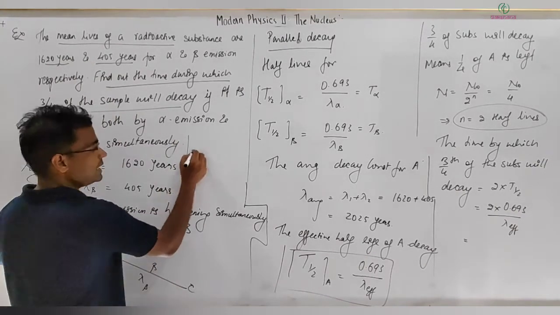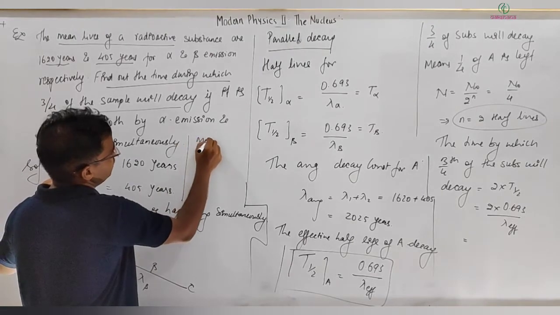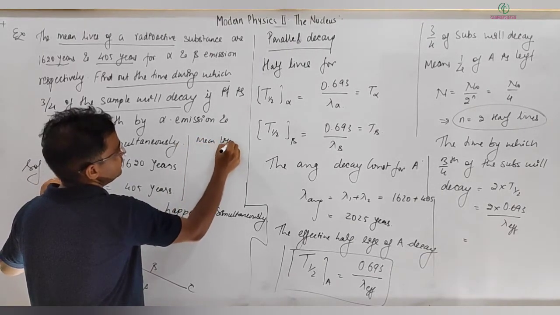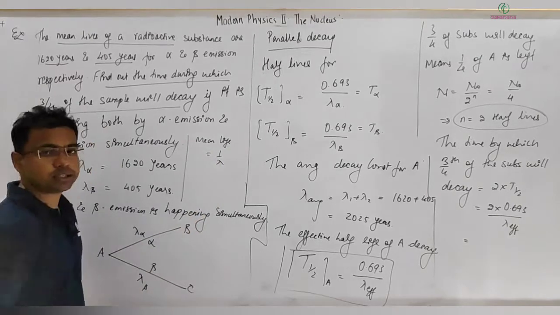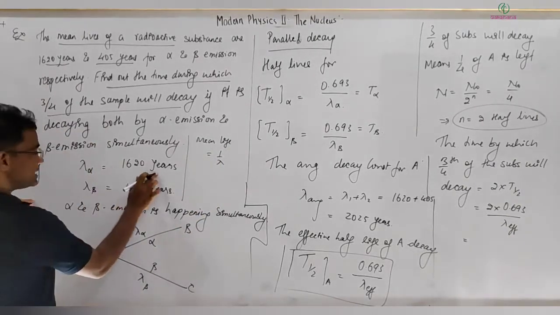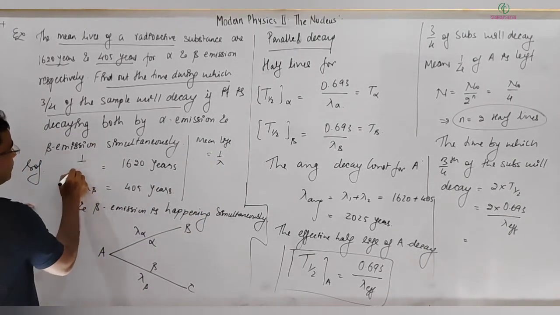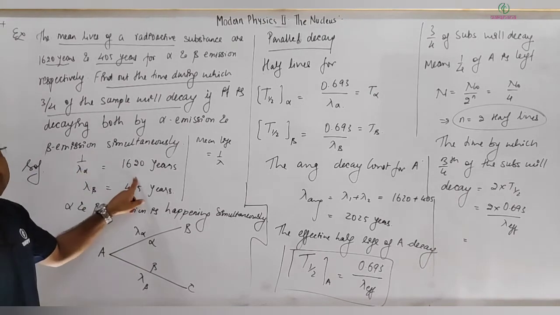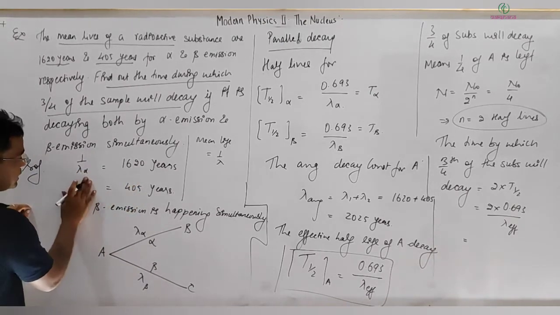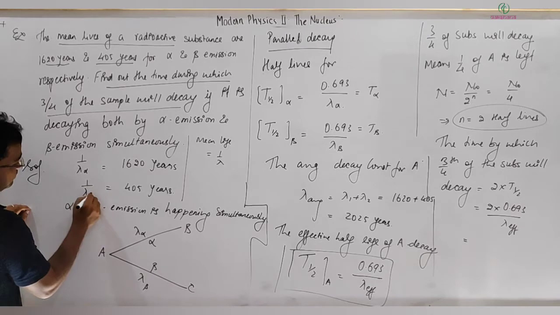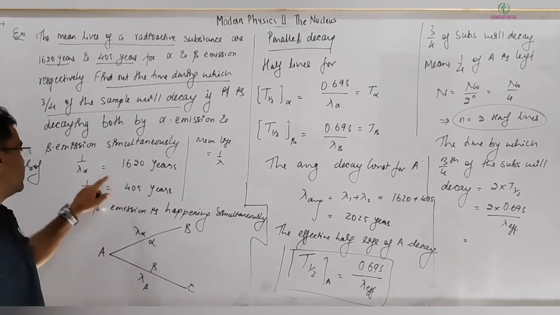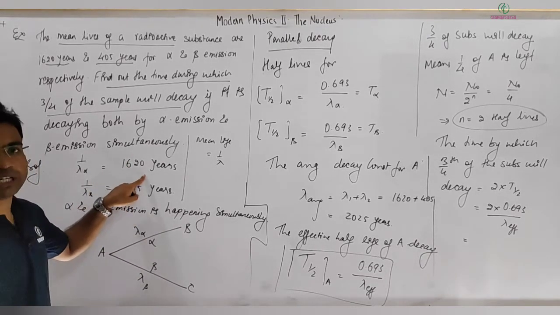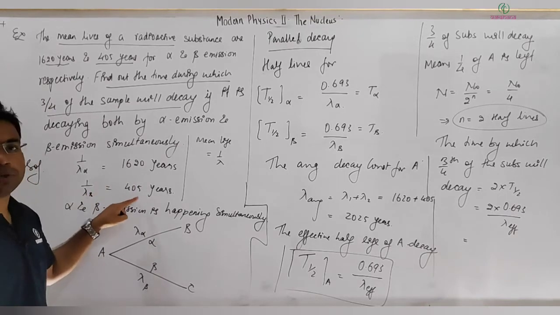Actually the formula is mean life or average life equal to 1 by lambda. So this is equal to 1 by lambda alpha, not simply lambda. Similarly this should be 1 by lambda beta. So lambda alpha is 1 by 1620 years, lambda beta is 1 by 405 years.